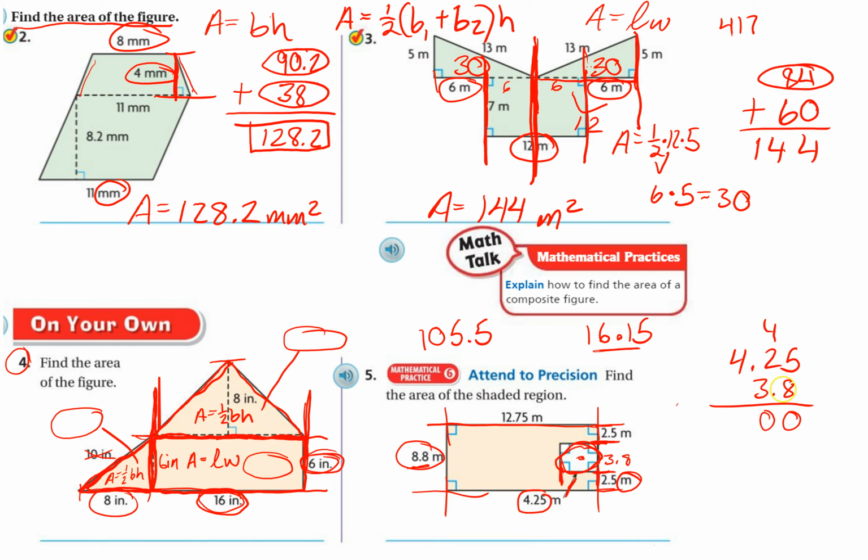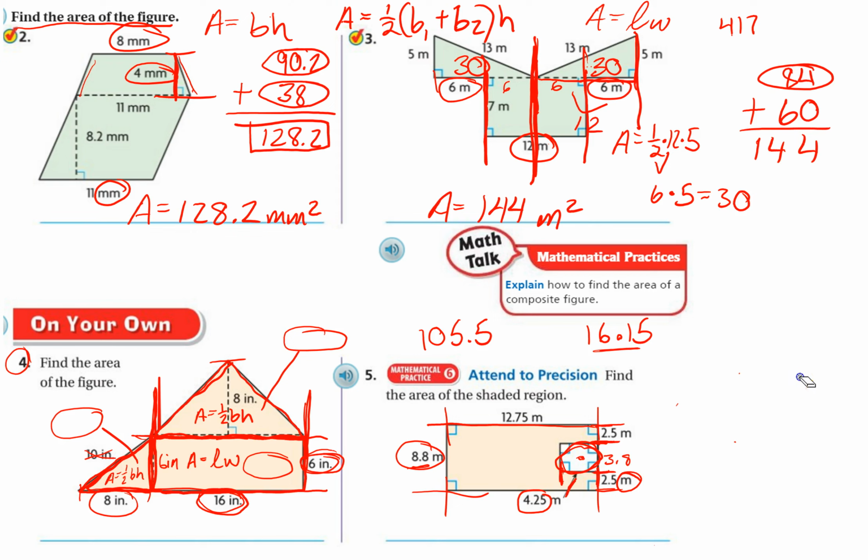Plus 4 is 20. 8 times 4 is 32. Plus 2 is 34. 3 times 5 is 15. 3 times 2 is 6. Plus 1 is 7. And that's 12. Okay, so it looks like that number's fine.